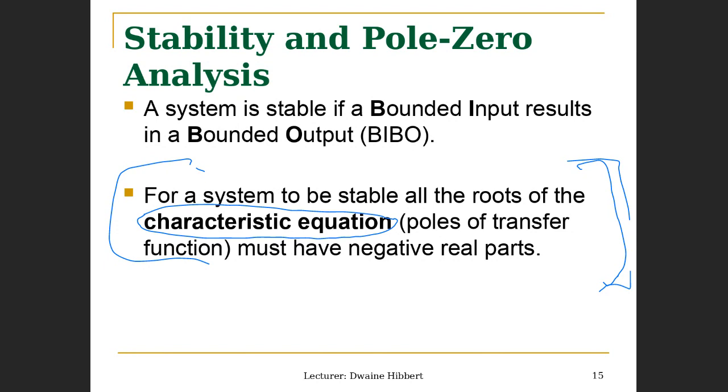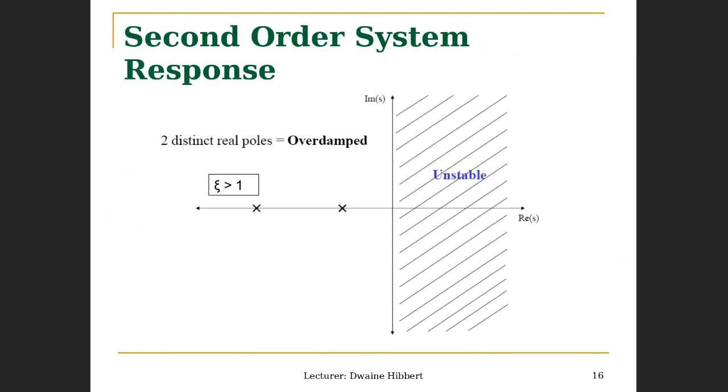So let us continue to discuss this. The characteristic equation is in fact the denominator of the transfer function. Now, why is it called the characteristic equation? It is so called because it fully defines the nature of the system.